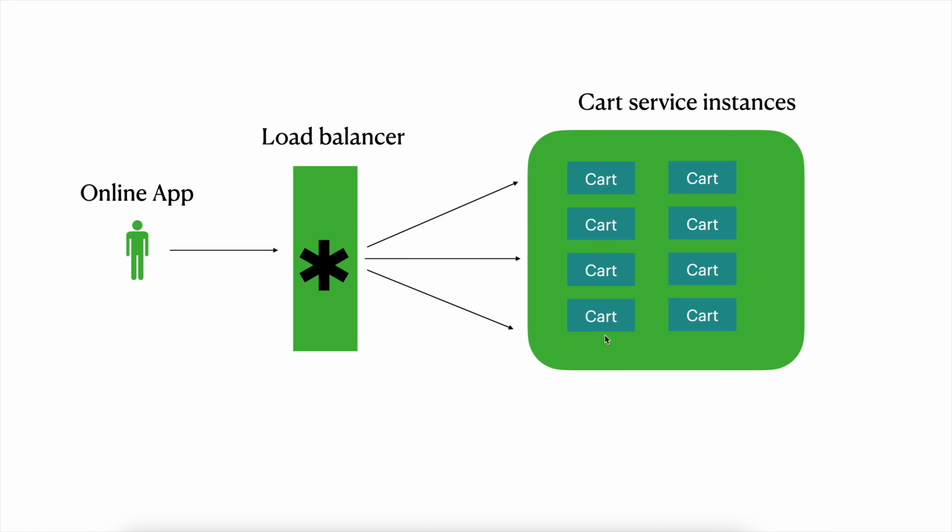So we want to utilize all the instances of cart service, because when we have high traffic, of course multiple instances of cart will be running. So the load balancer will divide the traffic accordingly.